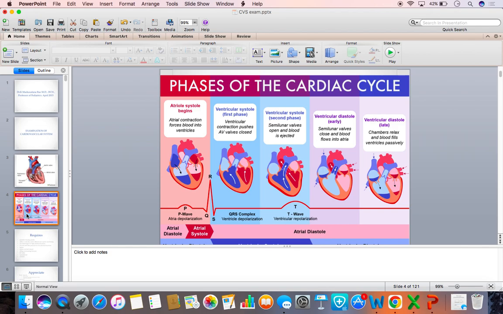The next phase is the second phase of the ventricular systole, wherein semilunar valves open and blood is pumped into the great vessels. AV valves remain closed. This corresponds to the T wave of the electrocardiogram.